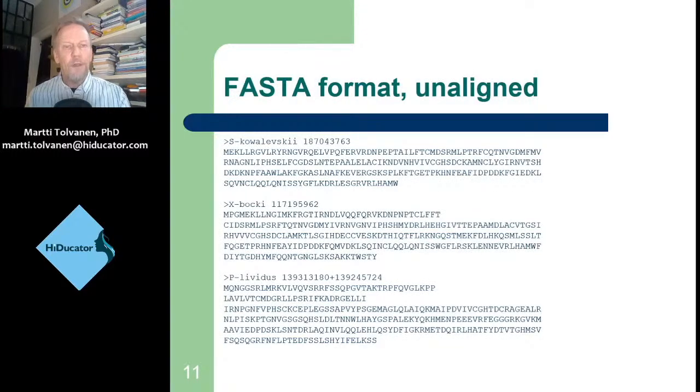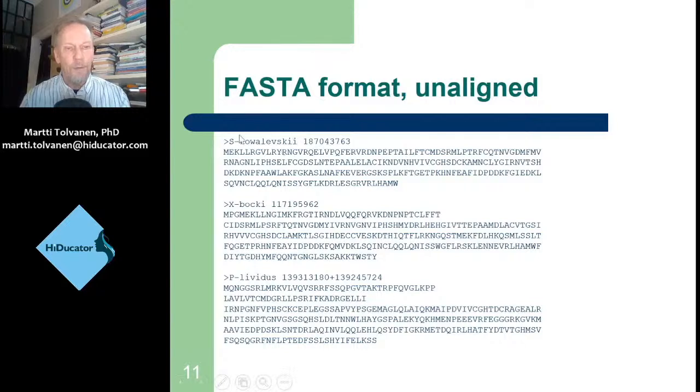But anyway, FASTA and Clustal are something you should be able to recognize just by looking at the file, so that you know what you tell your program to treat it as, and you give it the right name in case your program expects a specific name. And this is a multiple sequence FASTA protein file with 3 sequences.